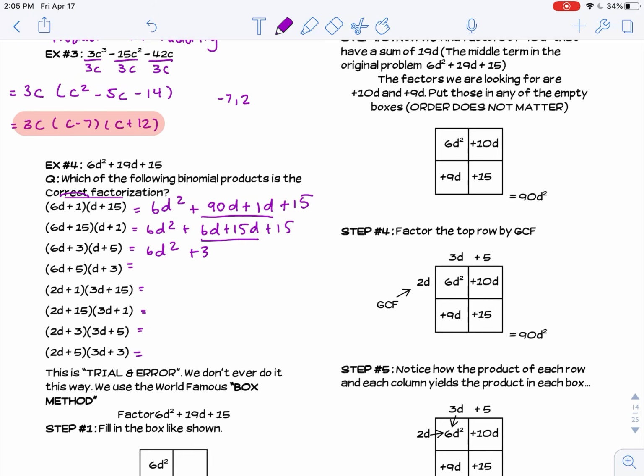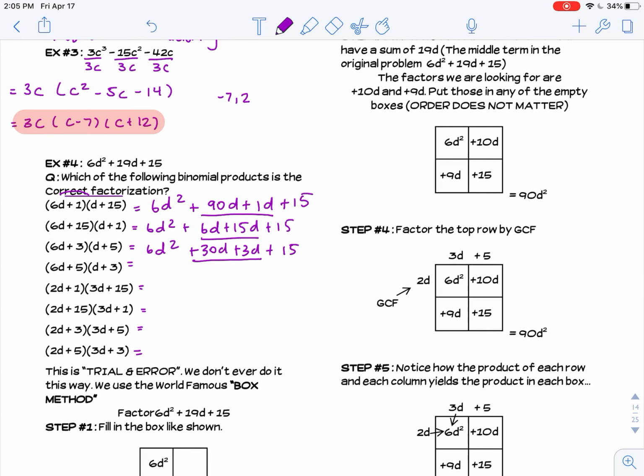6d squared plus 30d plus 3d plus 15. That wouldn't work. That would give us 33d. So we're trying to get 19d in the middle. 6d squared plus 18d plus 5d plus 15. Again, that wouldn't work. That would give us 23d in the middle.